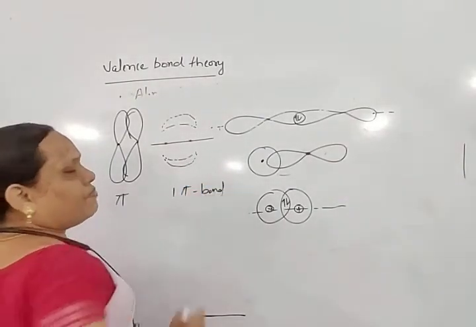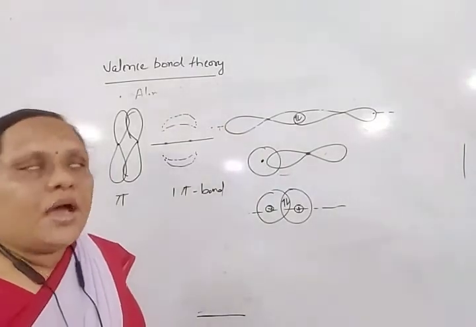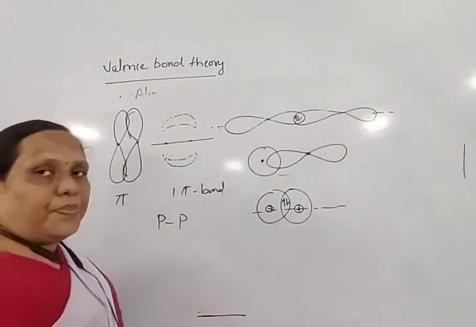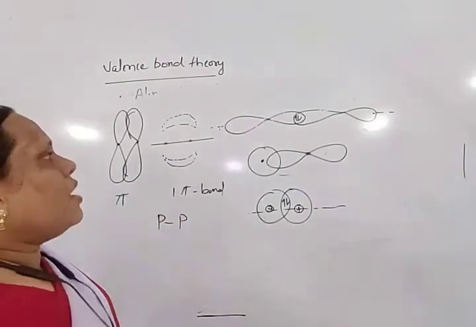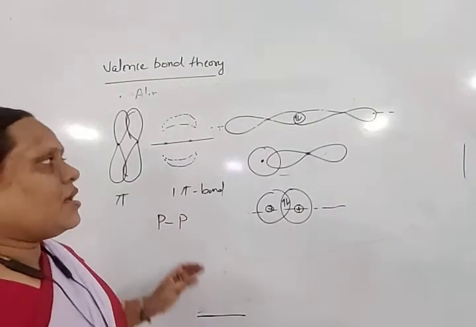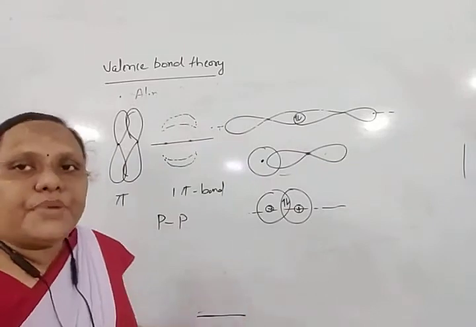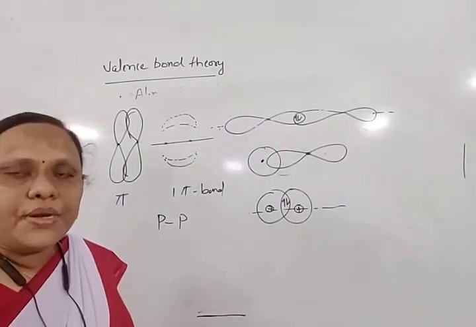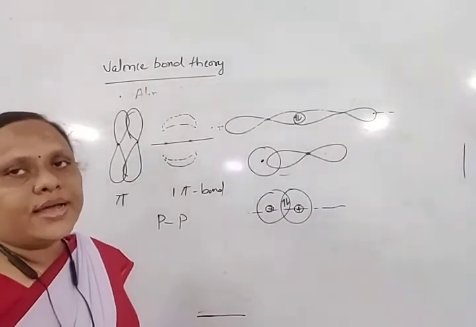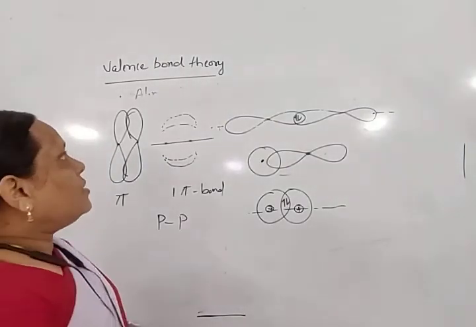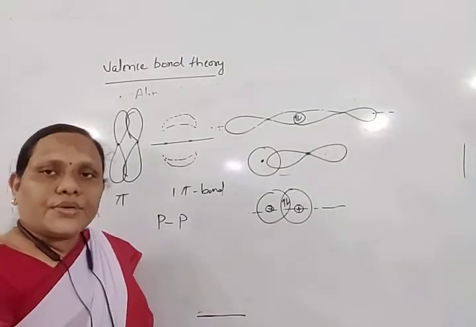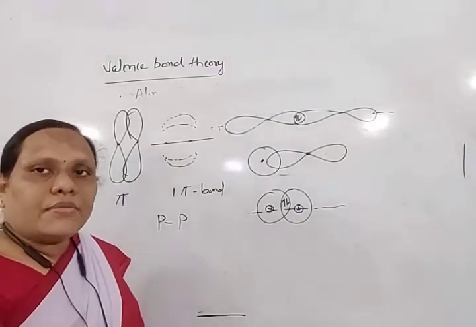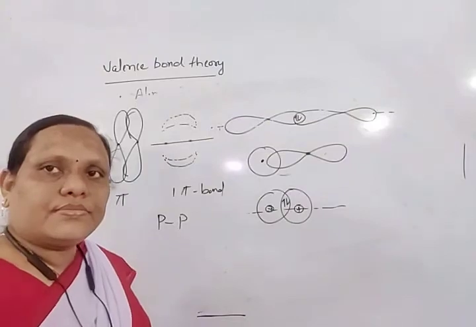Generally, pi bonding takes place by the overlapping of pp atomic orbitals above and below the internuclear axis. Okay, so let us note down the points, and after that we will discuss some examples.